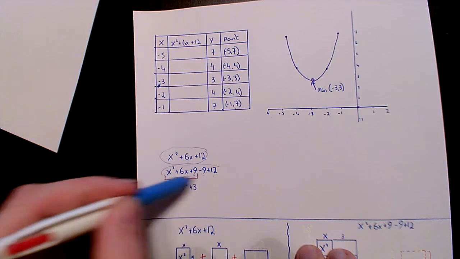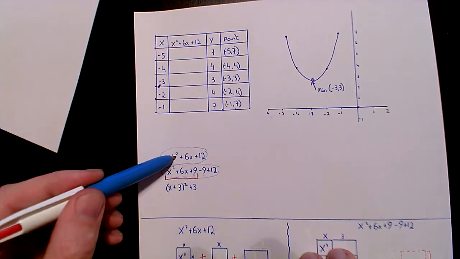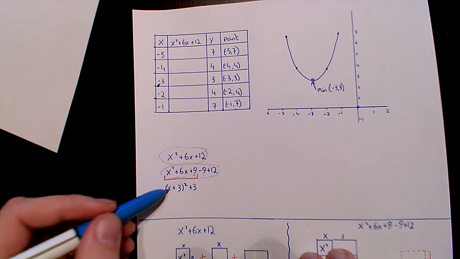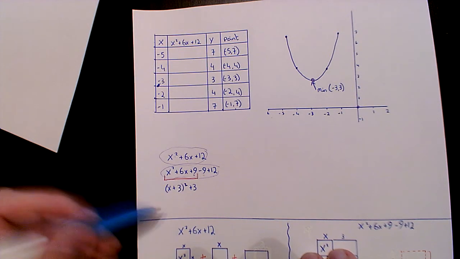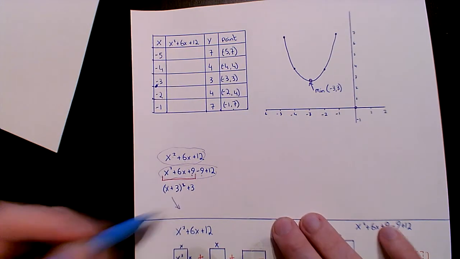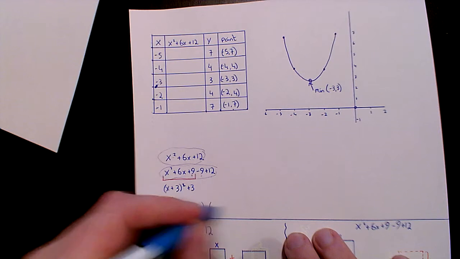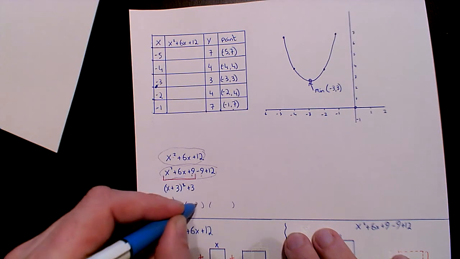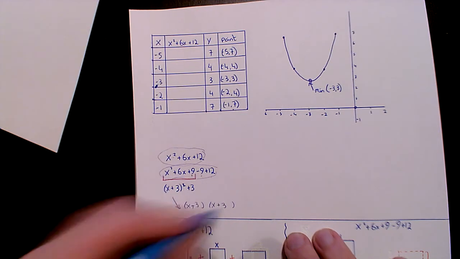So this is actually the same as this. Okay, and then when I factorize it out, it's x plus 3 squared. Or realistically, if I was to factorize it the long way, it would be x plus 3, x plus 3.